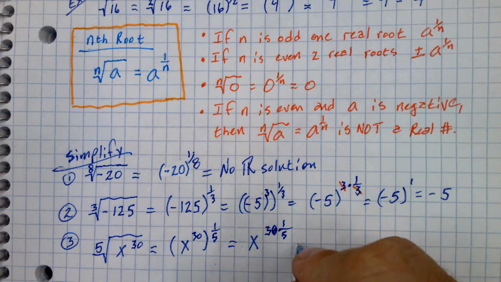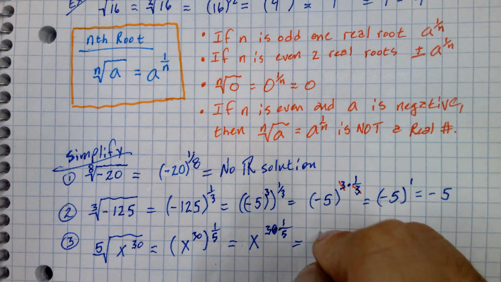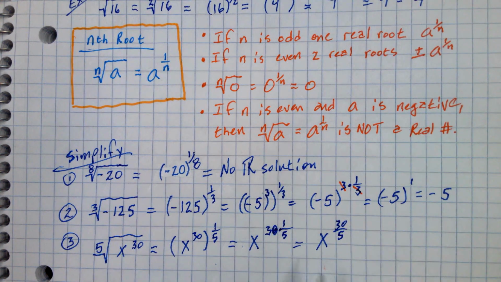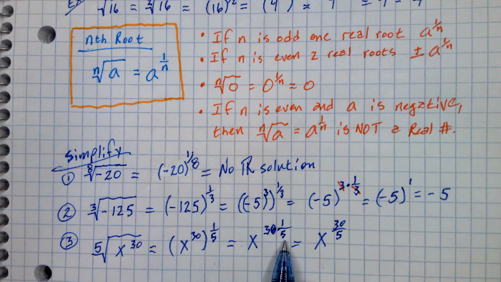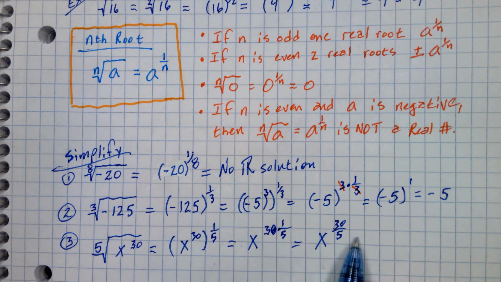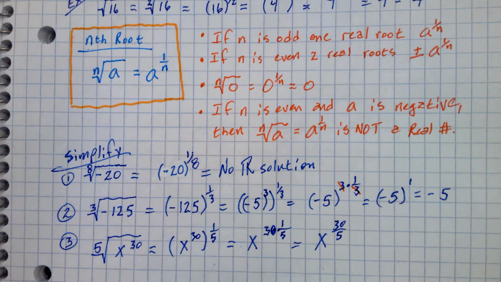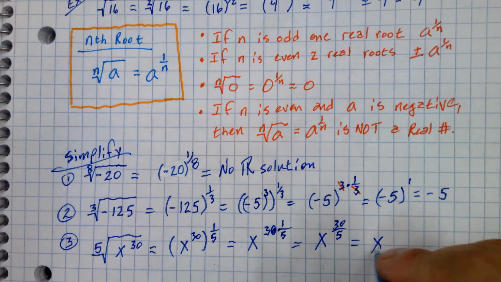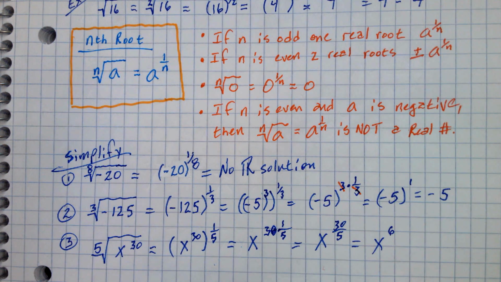I'll do one extra step. This is x to the 30 over 5, right? 30 times 1 is 30, and then 5 is your denominator. You could simplify that. All of this simplifies down to x to the 6th.